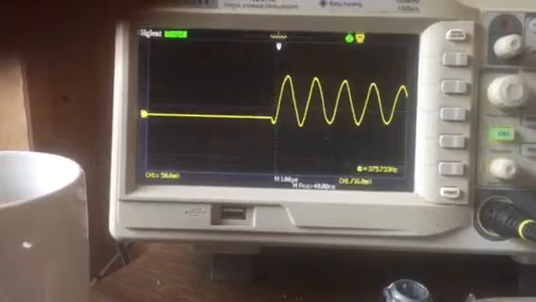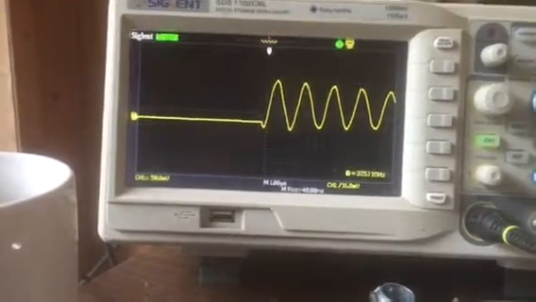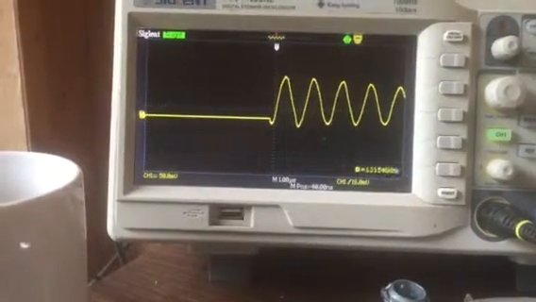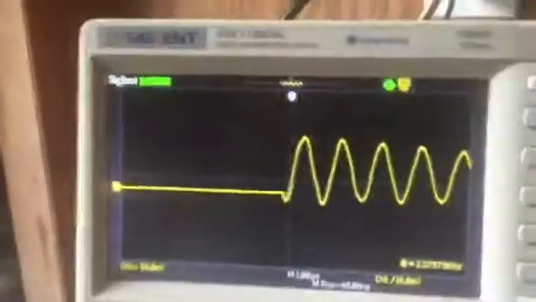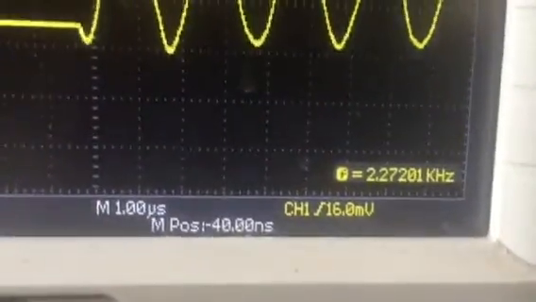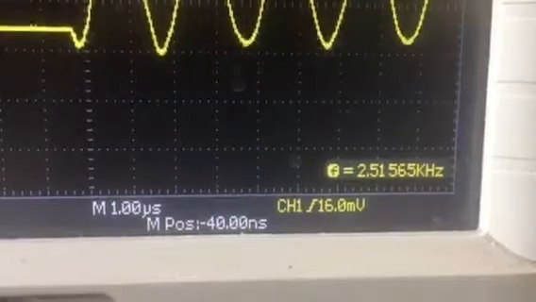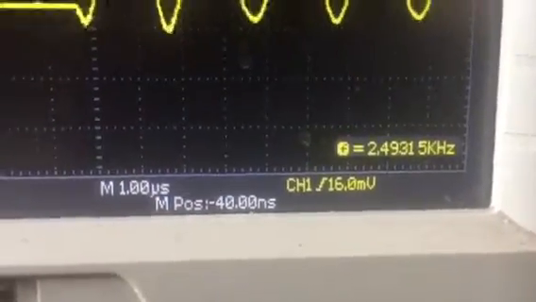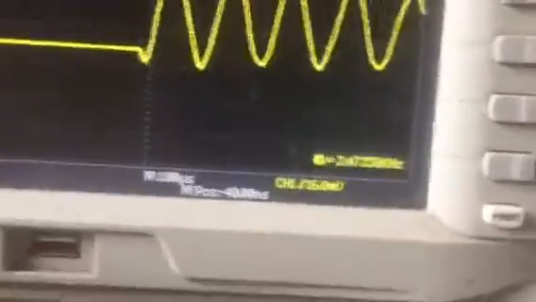And let's go up a little bit more. Let's get this up to about 1,000,000 hertz. Here you go, right there. There's your hertz. 2,000,000 hertz. It's one of my fastest.